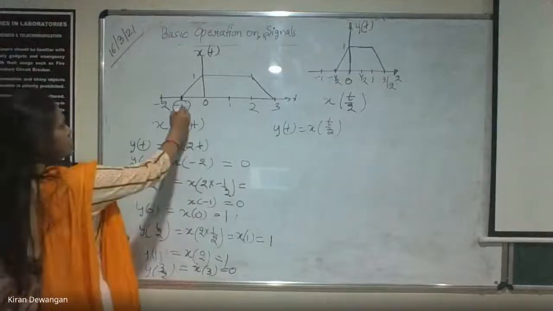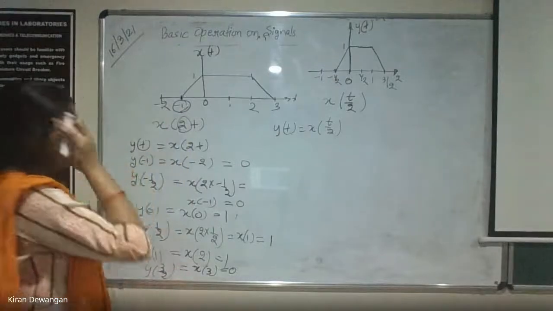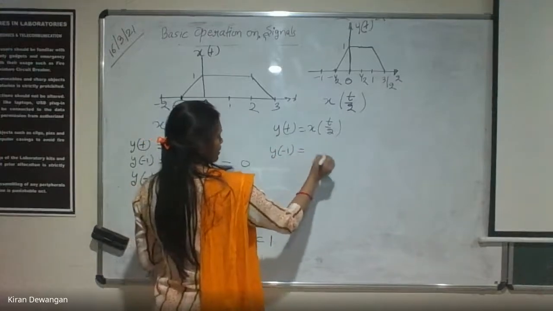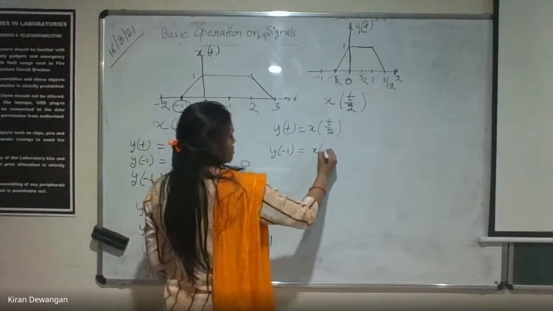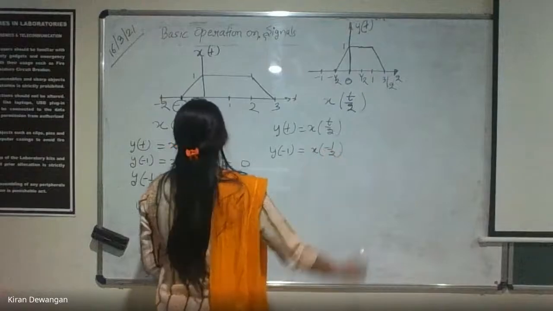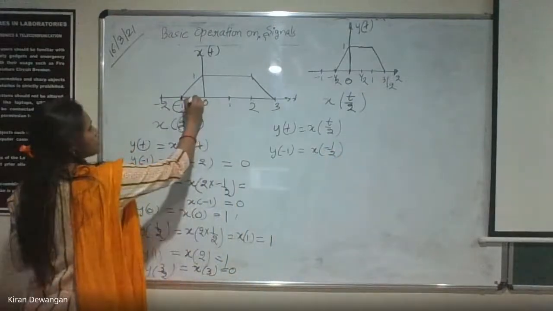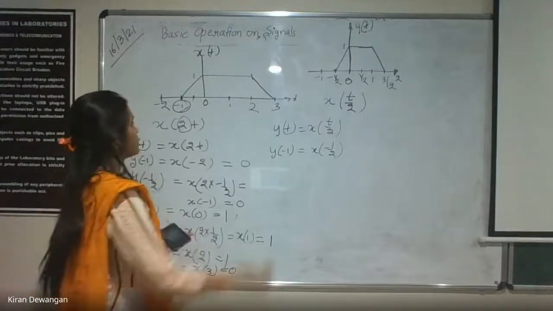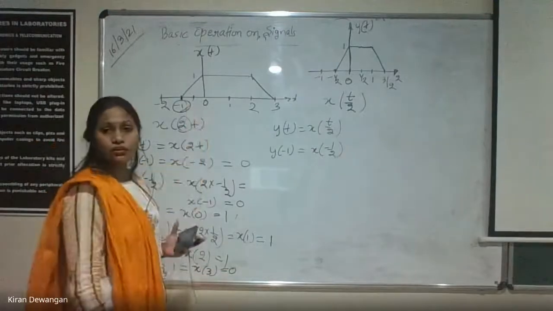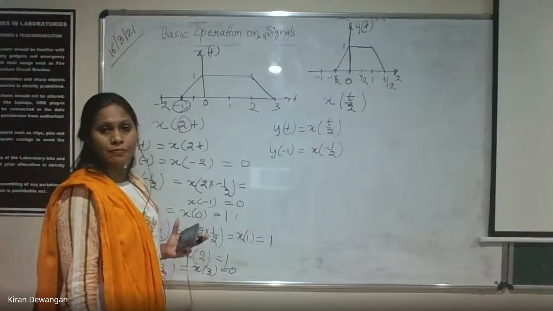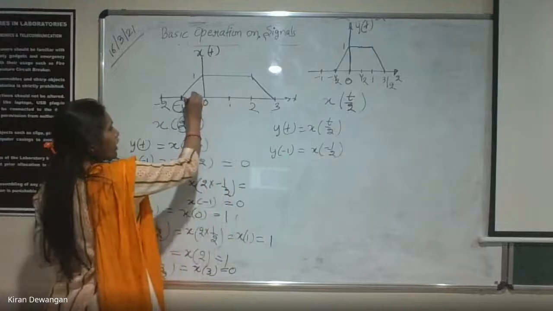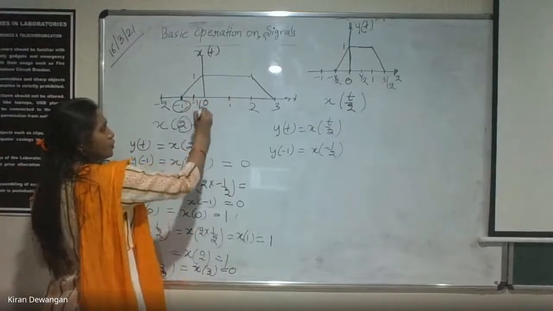Now since it is starting from -1, we keep y of -1. Then this becomes x of -1 by 2. What is the value at x of -1 by 2? This is the point -1 by 2.